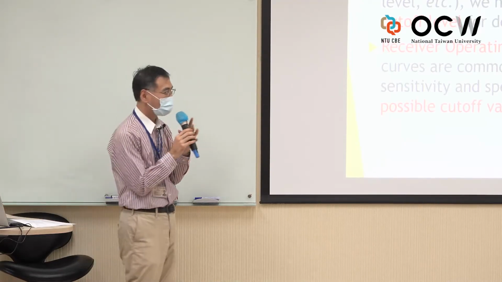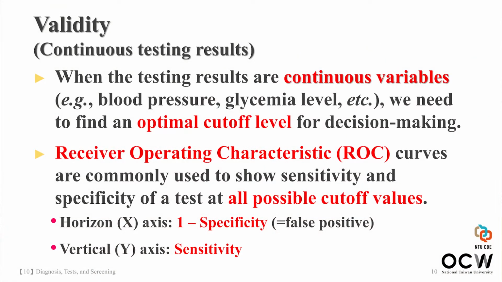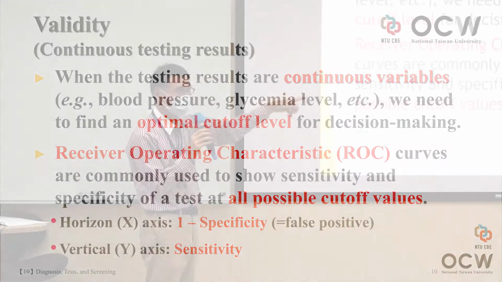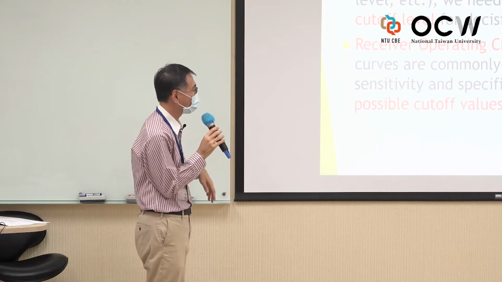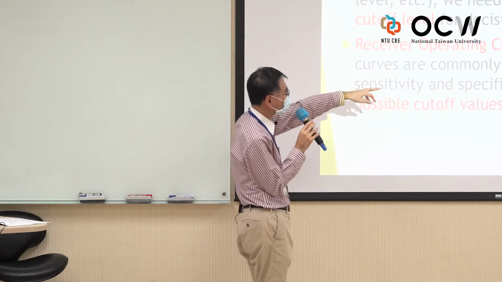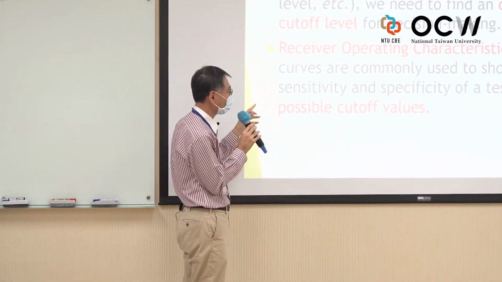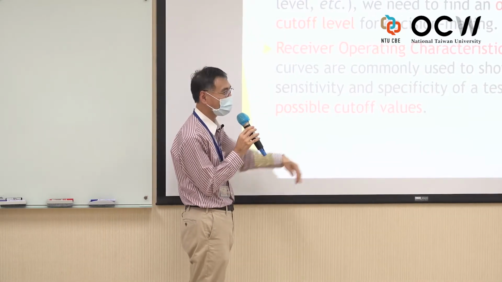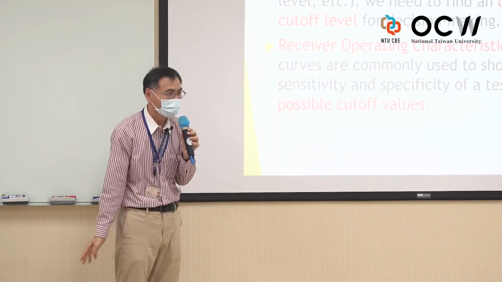Okay, then we use a tool called the receiver operating characteristic. It doesn't really make sense, right? But ROC does make some sense: Republic of China, the official name of Taiwan. ROC curves are commonly used to show sensitivity and specificity of a test at all possible cutoff values. So let's just assume that we know the disease status, okay?